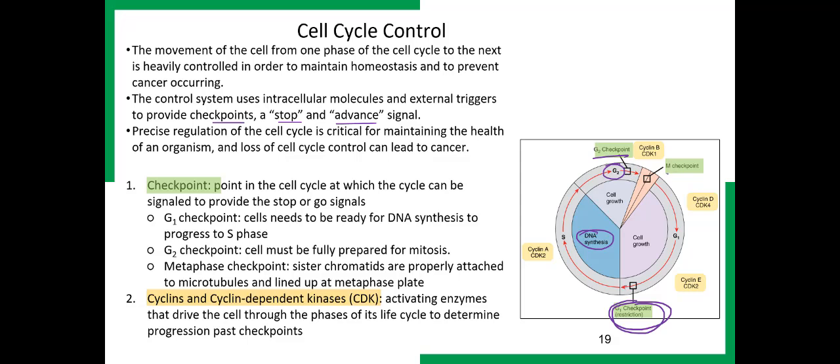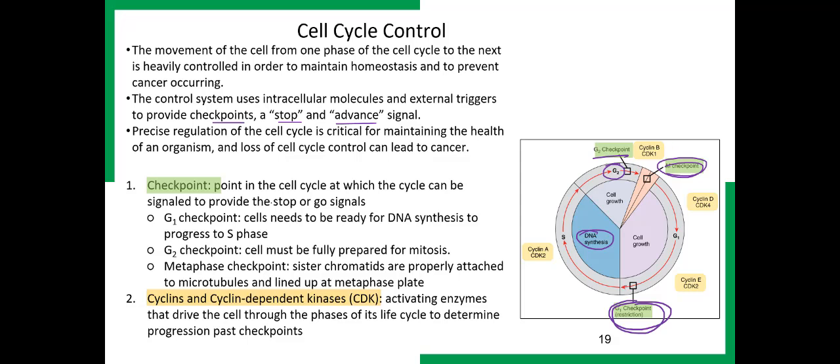And then you've got the M checkpoint, or the metaphase checkpoint, to ensure that the sister chromatids are properly arranged, attached to the microtubules, and lined up at the metaphase plate, so that the division of the nuclear content can occur. So you can see these checkpoints are important to ensure that two identical daughter cells are produced at the end of the day.